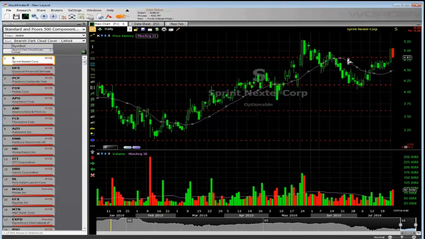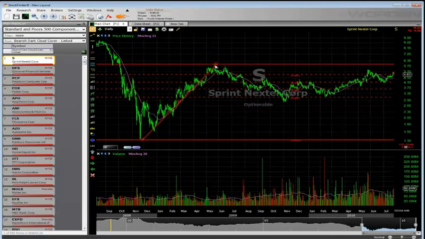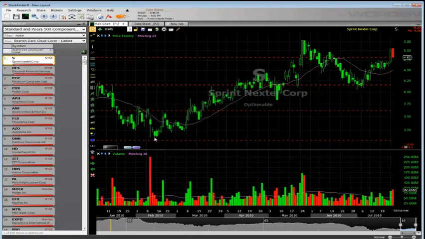Yes, Sprint's actually been behaving according to this fib for a while. I've had it on this chart for quite some time since this uptrend that was in place, and you notice that it's been toying, especially with this original lowest fib level right here, and we saw pullbacks that a couple of times pulled back right to and consolidated right at one of these Fibonacci levels. So that's just an interesting side note.